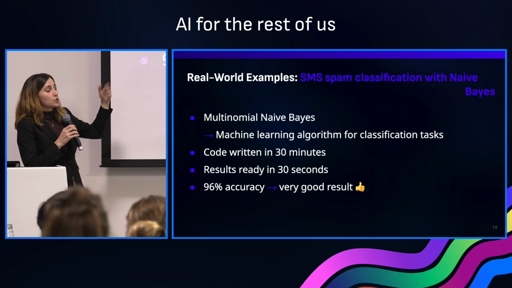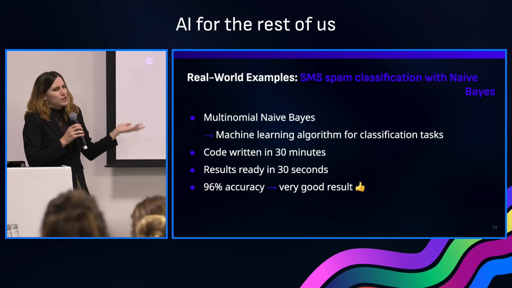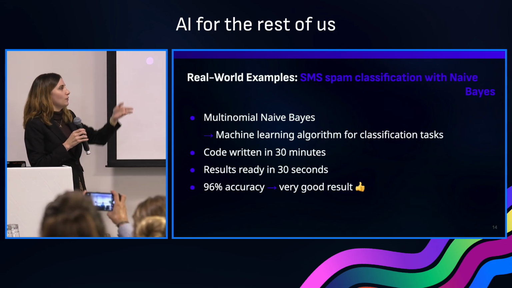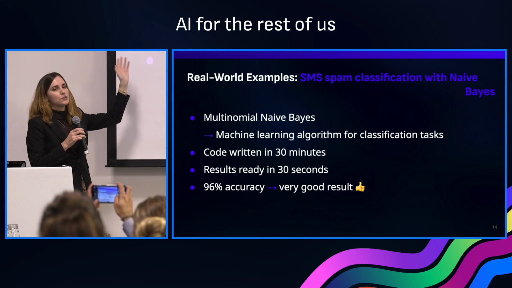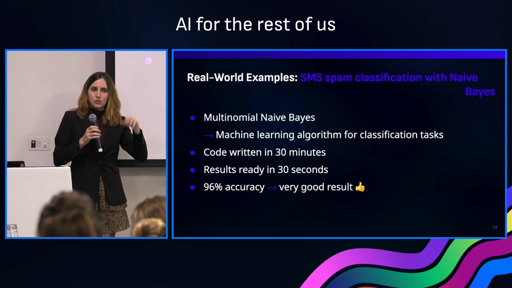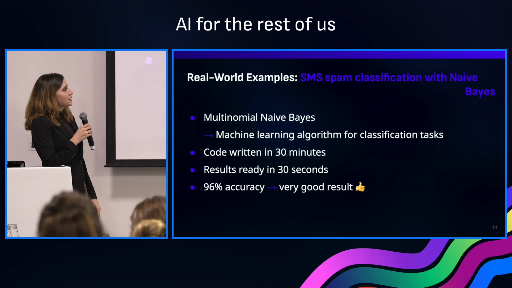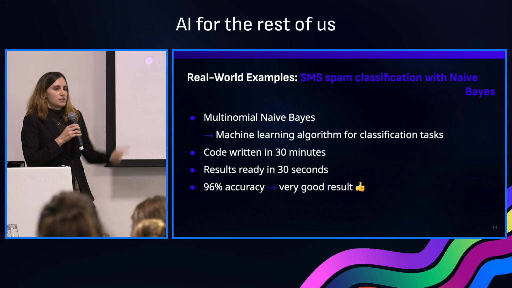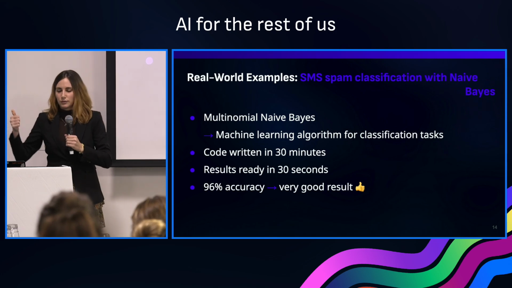The code to solve this problem with this algorithm took me about 30 minutes to write, so really not much, because it's a very well-known, well-documented, very easy to implement algorithm. The results were ready in 30 seconds, so basically executing the code. And it's about a 96% accuracy. That's a very good result. So yeah, case solved, great.